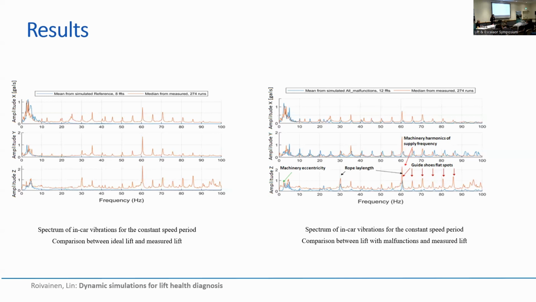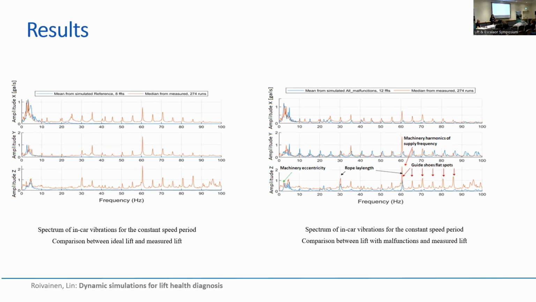With red, we have the same fast Fourier transformation applied to the car vibration from a real elevator, the median of 274 runs. And we can see that from 0 to 10 Hertz, we have relatively good correlation, but after that, the curves are not looking the same.